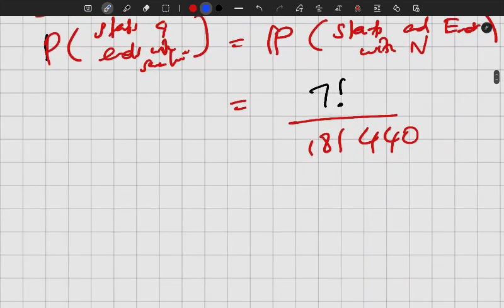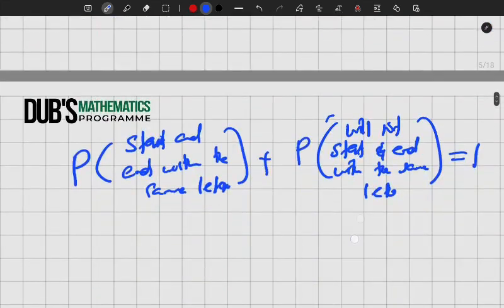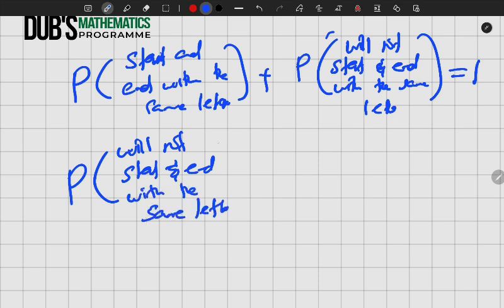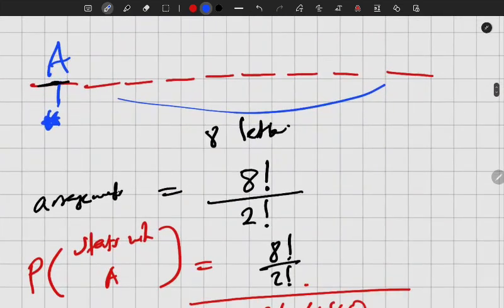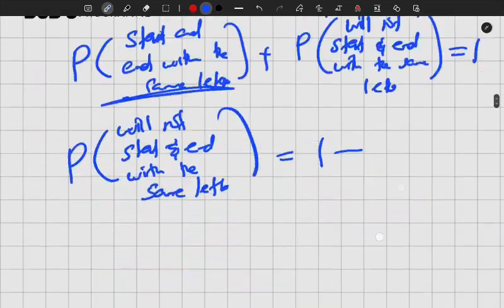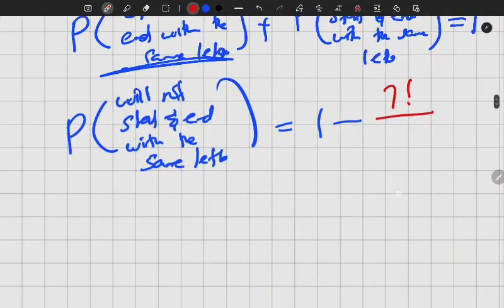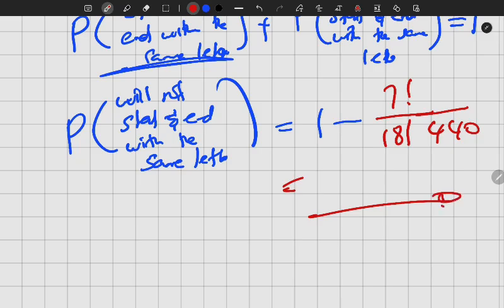The answer here was 7 factorial over 181 over 440. So we're going to say the probability that it will not start and end with the same letter is going to be 1 minus that probability, 7 factorial over 181 over 440, and we're going to get an answer here.